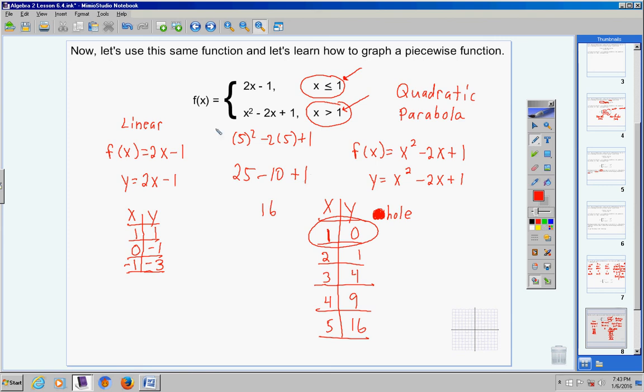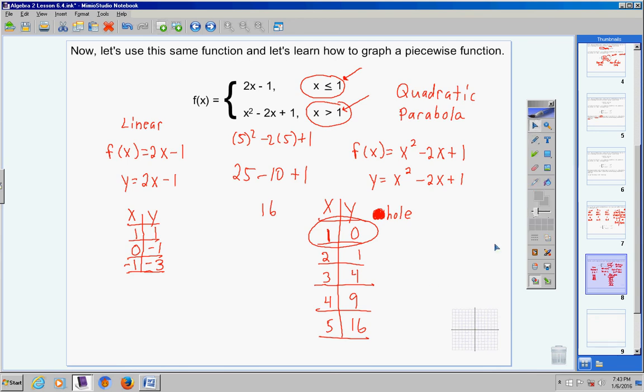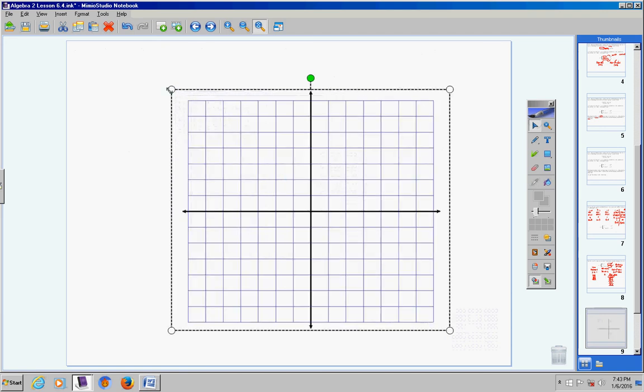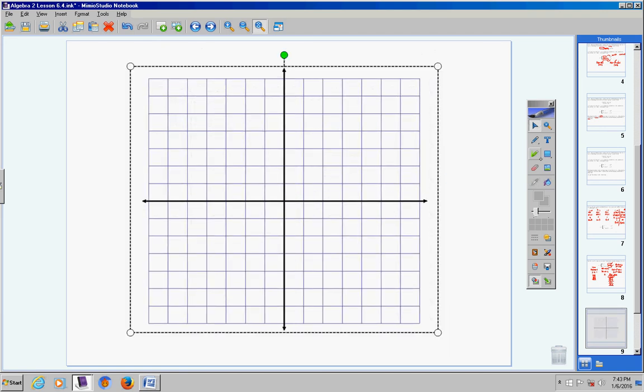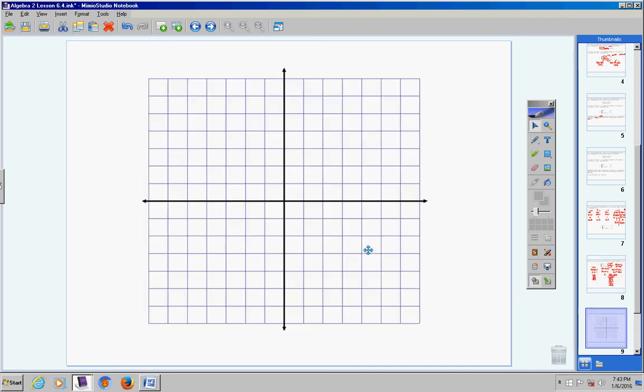Now what I'm probably going to do is get an extra page here and slide this back and forth because we need a lot of room here for this graph. And so here we go. Now, I think because I've got some large values here, well, you know what? I'm just going to go ahead and extend the y to 16. So that's what I'm going to do.